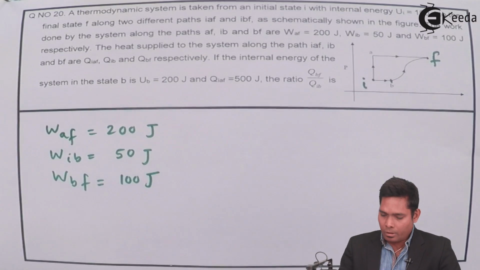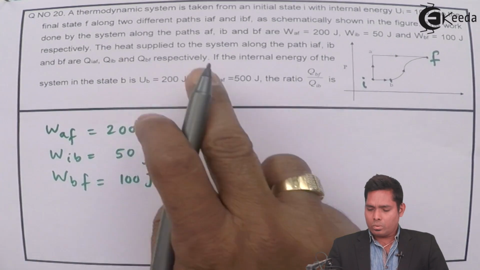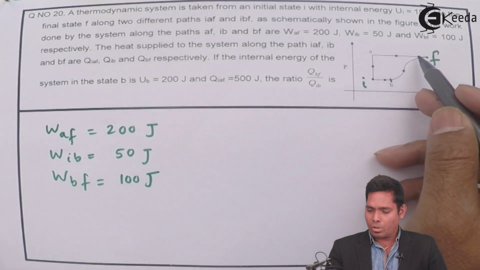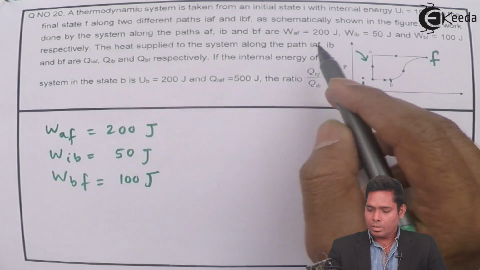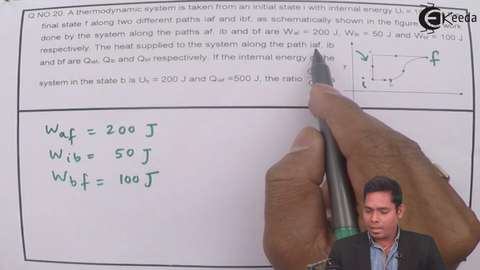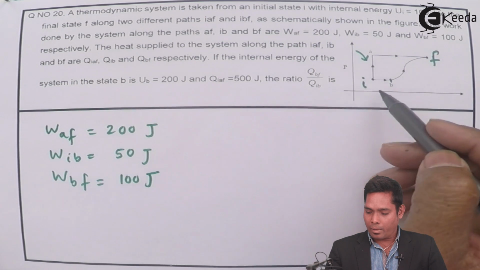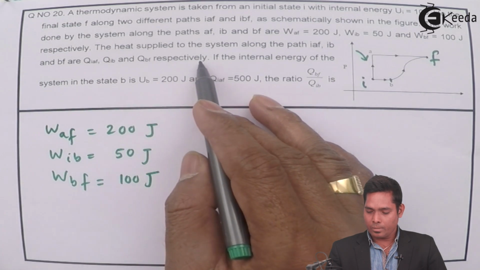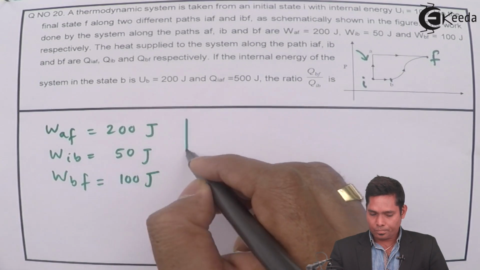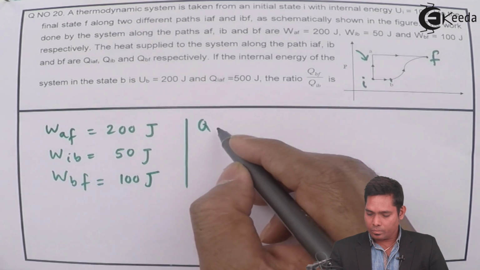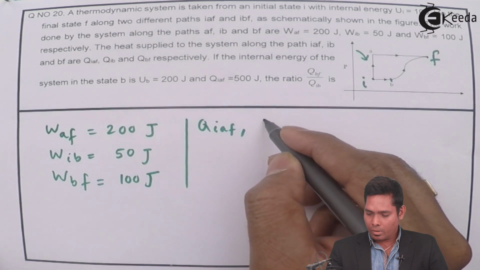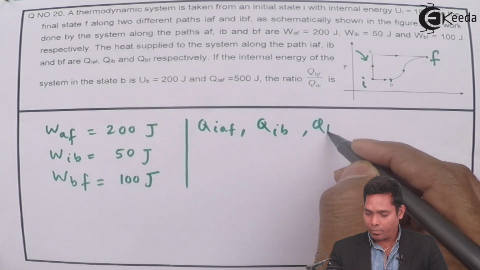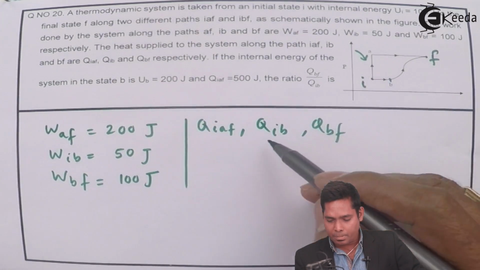The heat supplied to the system along the paths IAF, IB, and BF are given respectively.